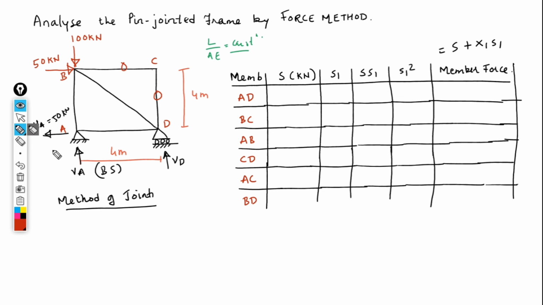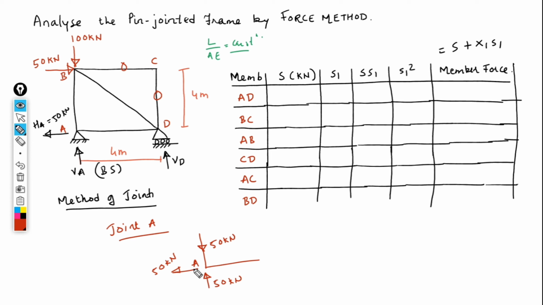Now I will define joint A. Draw the free body diagram of joint A. It has two reactions, horizontal and vertical. This is 50 kilonewton, and the horizontal reaction is also 50 kilonewton. To resist this vertical reaction, the member force will be downward, 50 kilonewton.